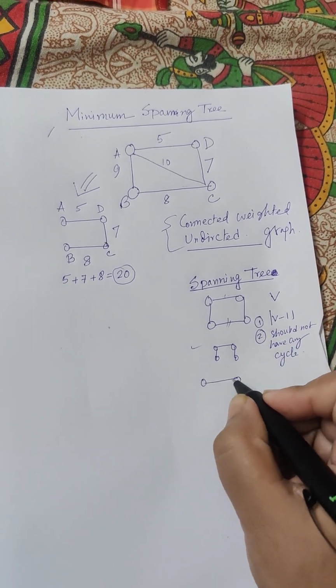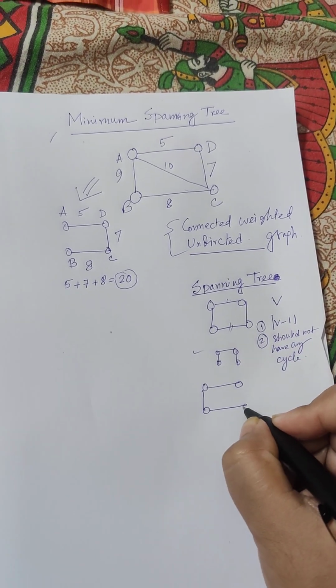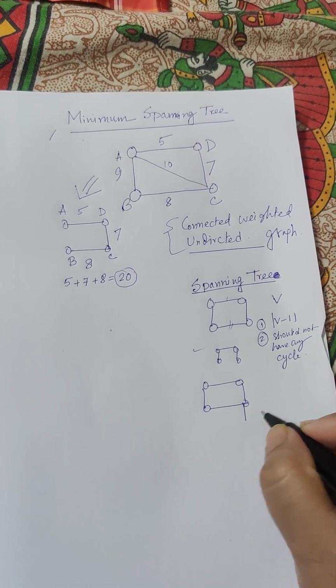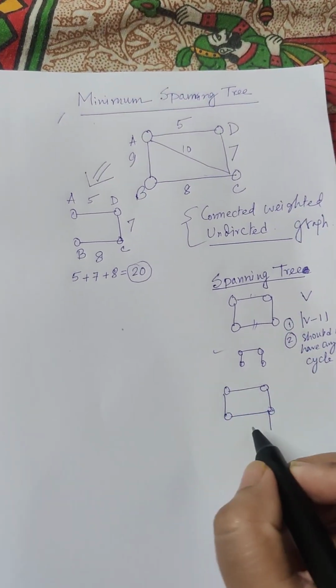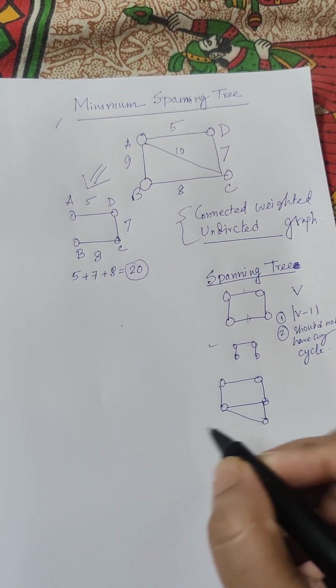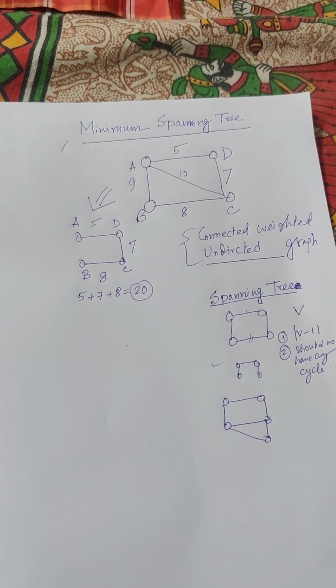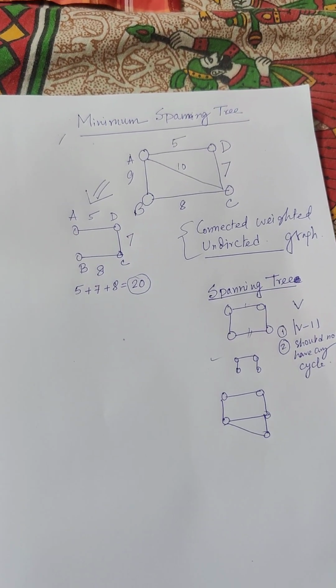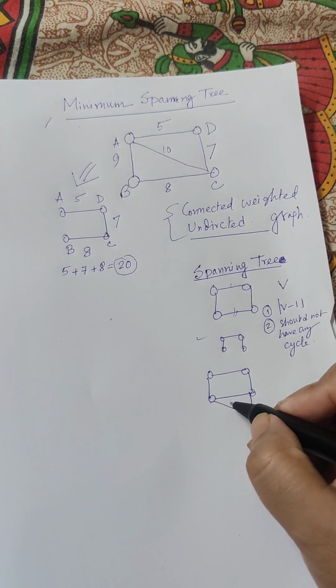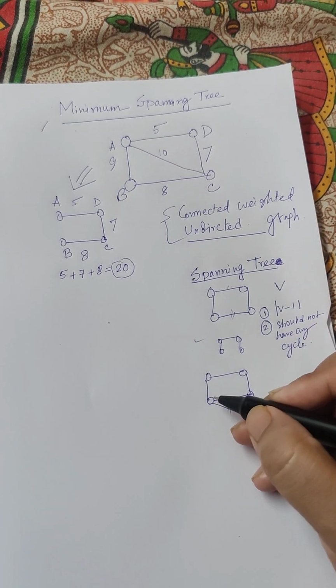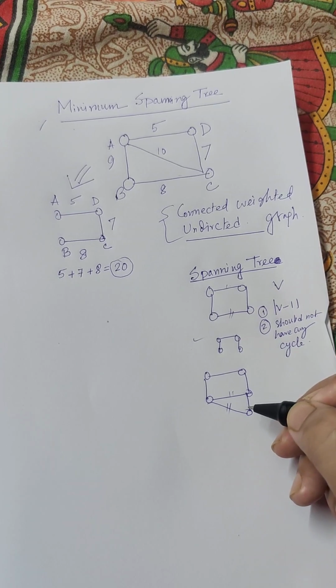Now if we go back to another diagram, suppose this is the diagram where we are making everything closed, for example this one. What is going to be the probable spanning tree for this? We can do V minus 1, we can drop this one, and this one as well.